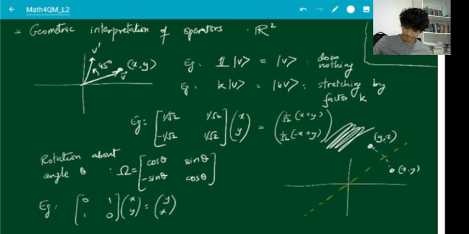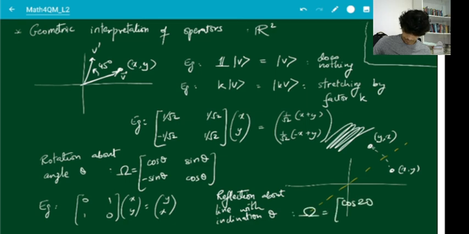In general, a reflection about an axis or about a line whose inclination is theta is given by this.